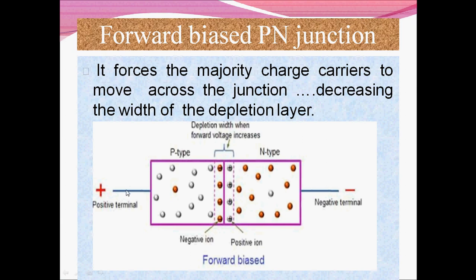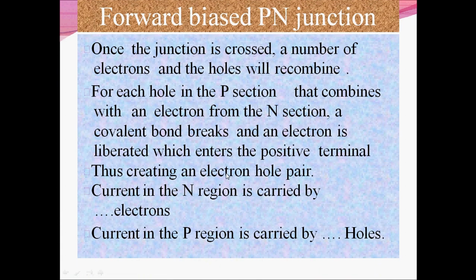Similarly, the positive terminal of the battery is connected to the P-type region and a number of holes are introduced into the P-type material. These majority charge carriers are forced to cross the junction and hence decrease the width of the depletion layer. Once the junction is crossed, a number of electrons and holes will recombine.